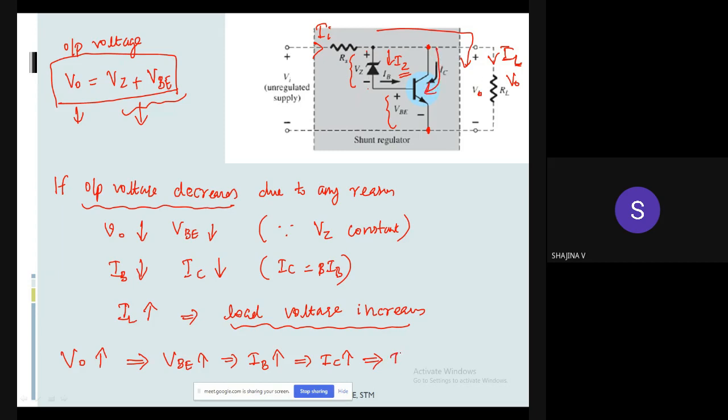So our load current will decrease. Load current decreases means output voltage decreases. So we can compensate this initial increase in output voltage. Thus, the variations in the output voltage are compensated to the constant DC value.